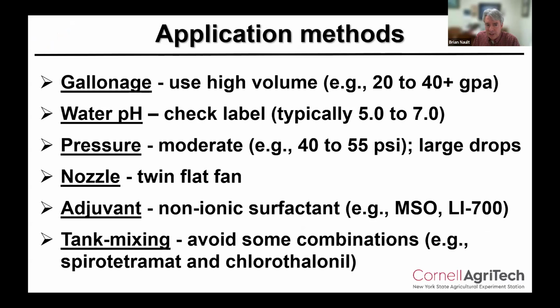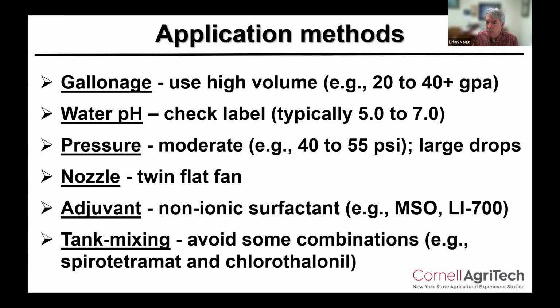First of all, in terms of application methods, gallonage is really important. You have to make sure that you get good coverage of the leaves, so use as high a volume as possible. Maybe 20 gallons for your first few applications when the crop is small, but when that crop gets a larger canopy, jack up that volume as much as you can. Check the water pH.